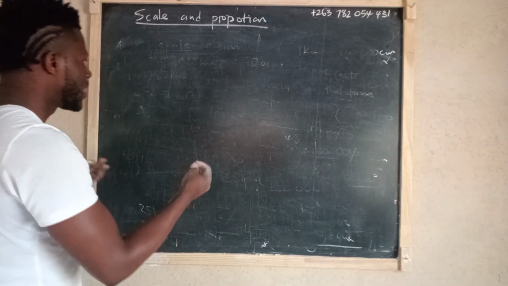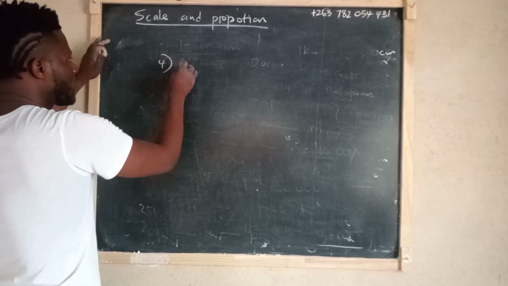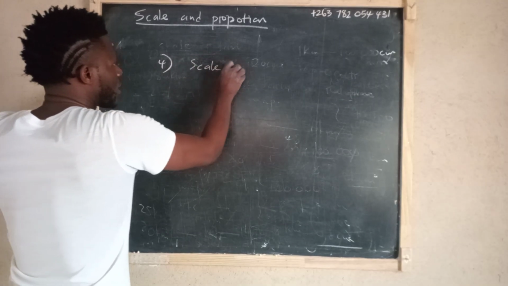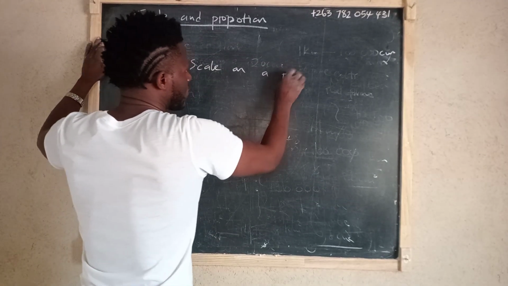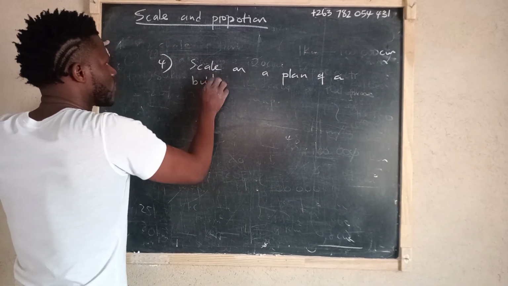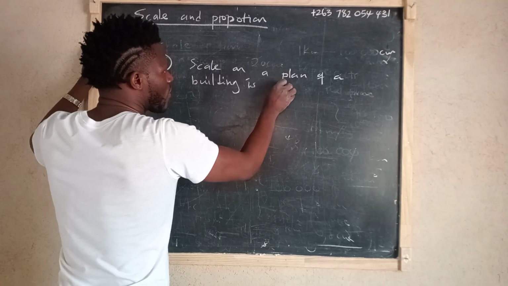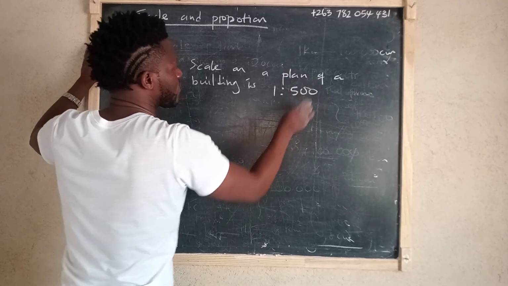But when we are talking of centimeters and meters, for instance example number 4: scale on a plan of a building is 1:500.